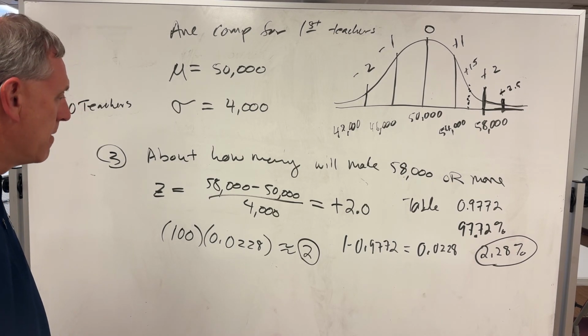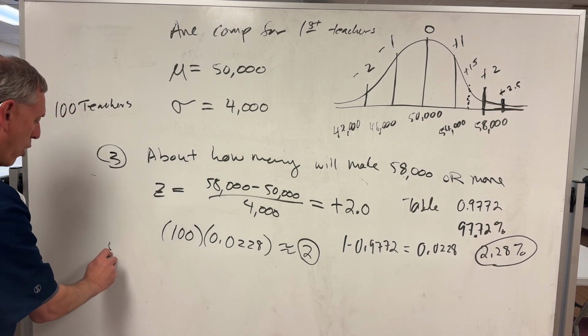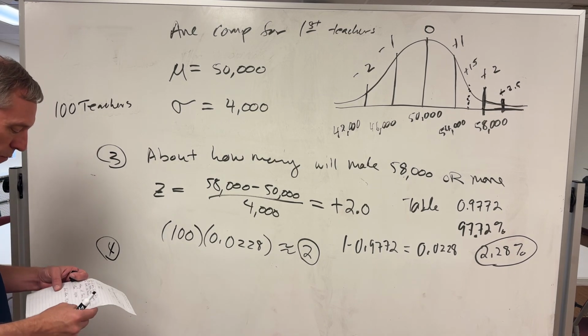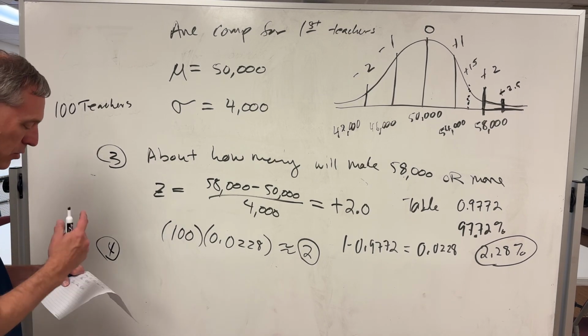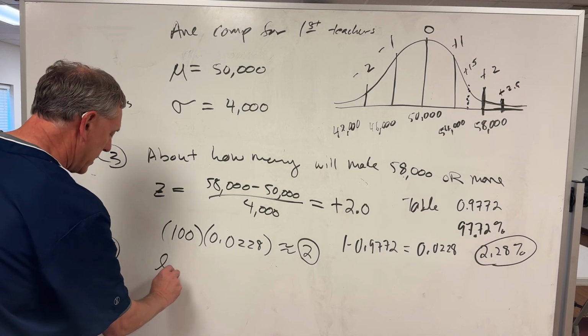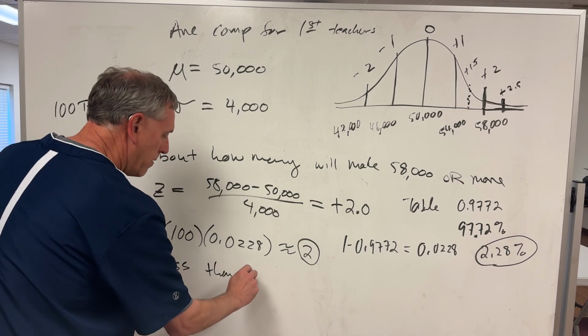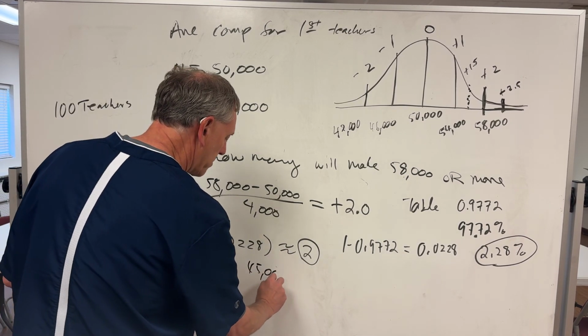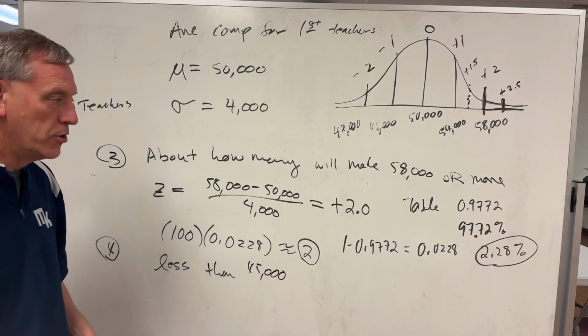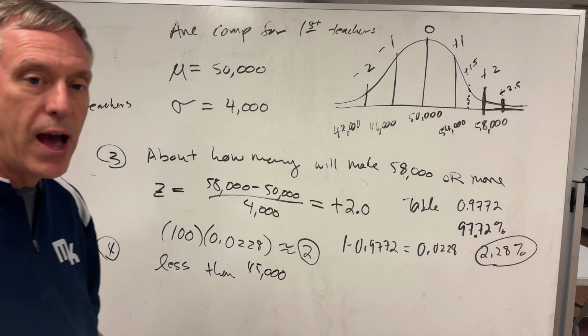Okay? All right, so then question number 4 is, we want to know of these 100 teachers, how many will make less than 45,000? That's our question now. How many would make less than 45,000?